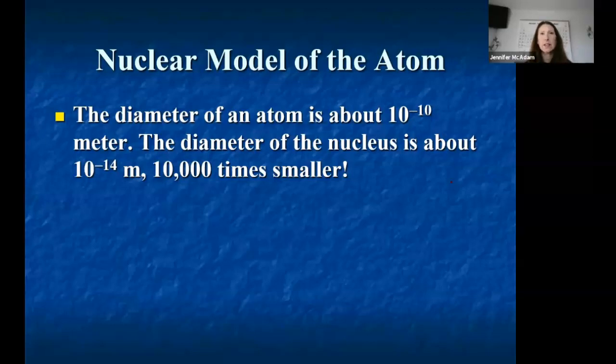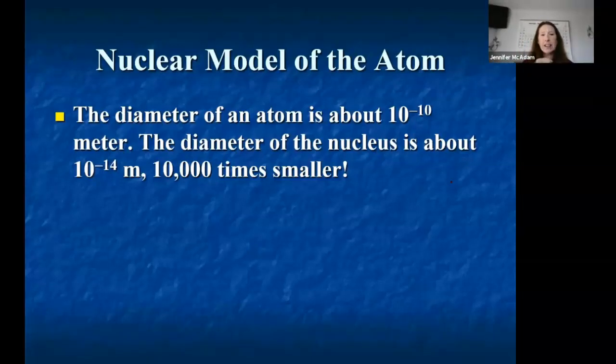So think of it like if you had a pin, but we're going to call that our nucleus now. If you had a pin and you put the nucleus on home plate in Angel Stadium, that would be the size of the nucleus. The rest of Angel Stadium would be the rest of the atom. That's how small and dense that nucleus is.